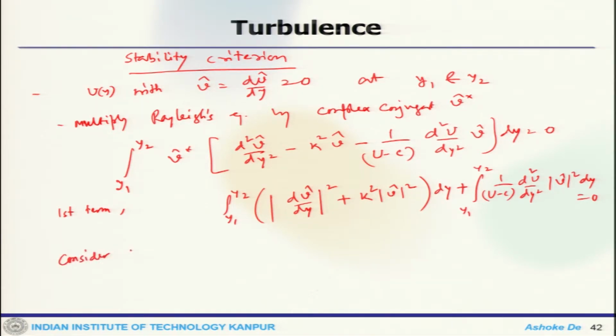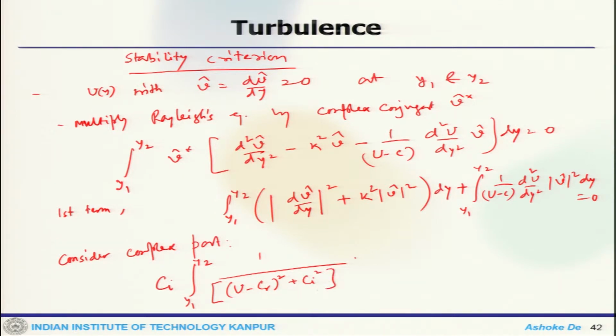So, considering the complex part, what we get is c_i times the integral from y1 to y2 of 1 by ((U minus c_r) square plus c_i square) d2U by dy2 magnitude square of v hat dy equals 0.